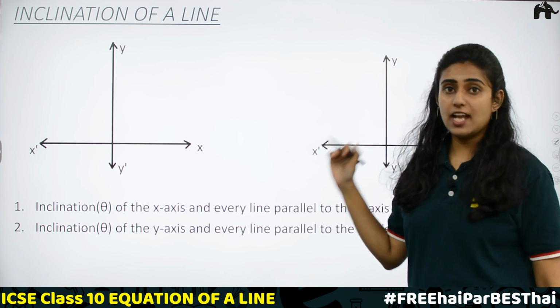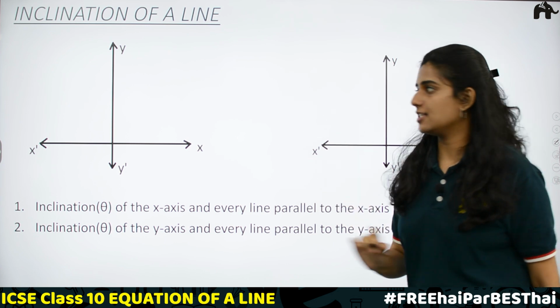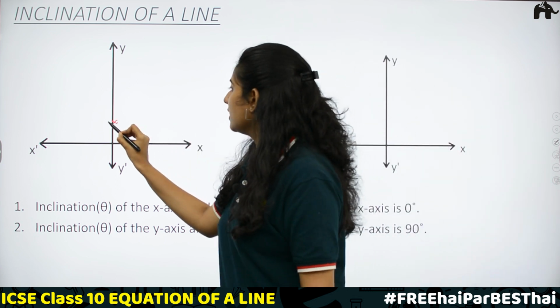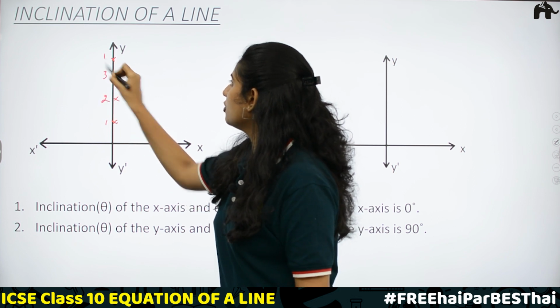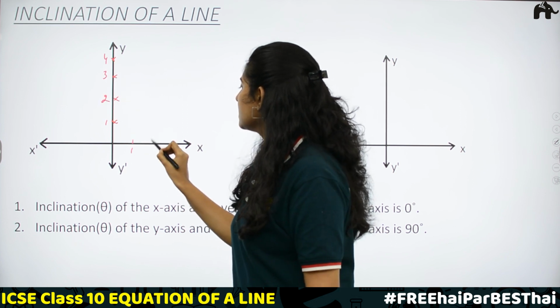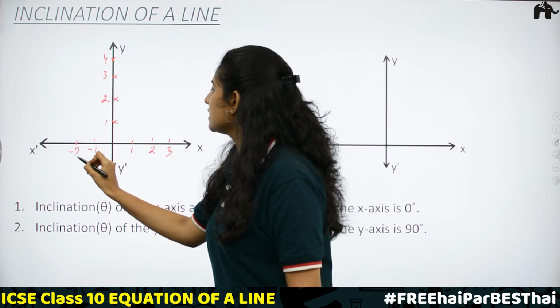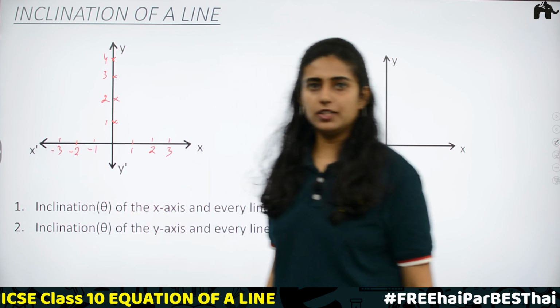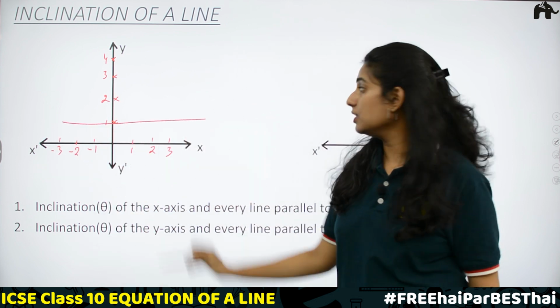Let us see for lines parallel to x-axis and y-axis, what is the inclination? Here, we will take some points. 1, 2, 3, 4. Along x-axis, 1, 2, 3. Minus 1, minus 2, minus 3. So, here I am taking a line that passes through this point.